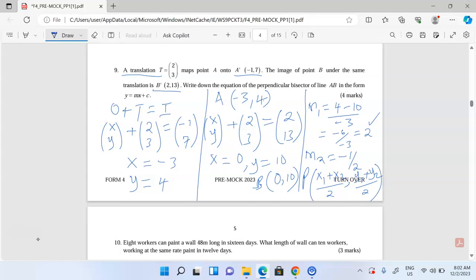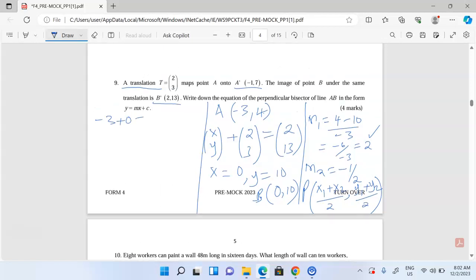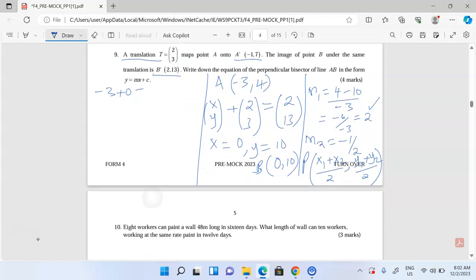Therefore, this is what we're going to do. Let me use the space here. So the first x is negative 3, and the next x is 0. So this is what we're going to divide by 2.